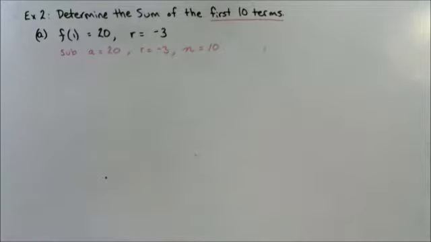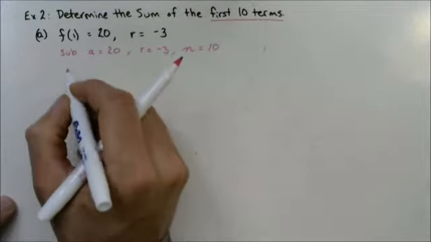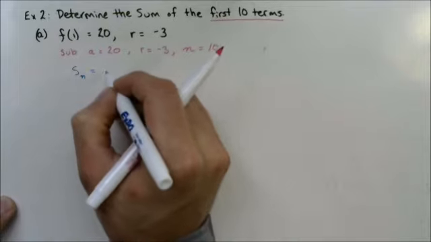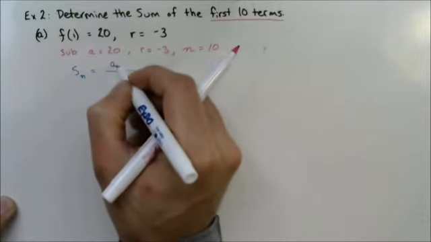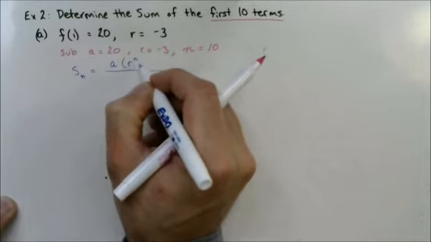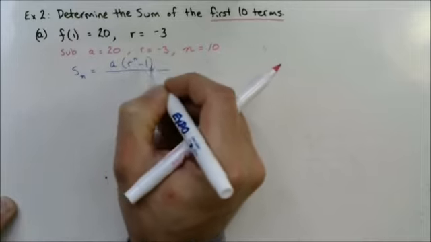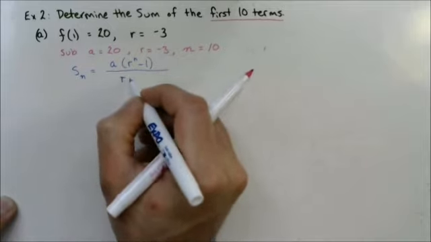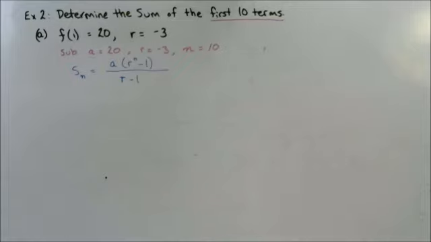So here is our general equation. The sum of the first n terms is equal to, in the numerator, a times r to the power of n, in brackets still, minus 1, close bracket, and in the denominator, r minus 1.